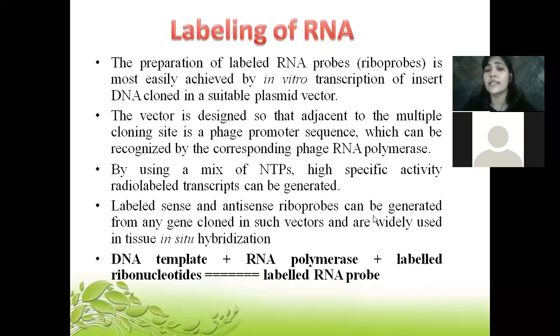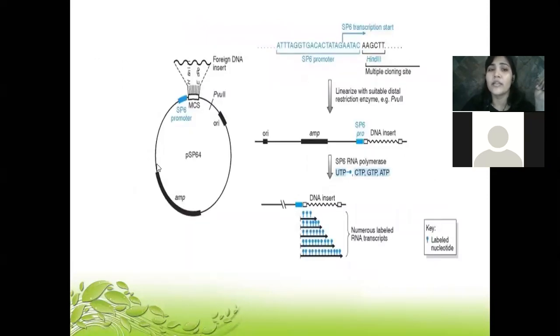Labeled sense and antisense riboprobes can be generated from any gene cloned in such vectors and are widely used in tissue in situ hybridization. So basically, you have DNA template plus RNA polymerase plus labeled ribonucleotides, and then you get a labeled RNA probe. So this is what the simple reaction looks like.